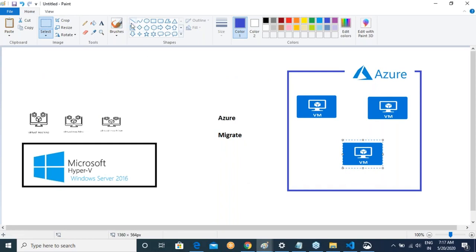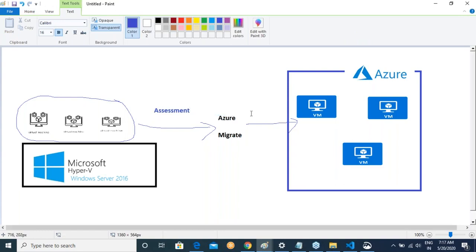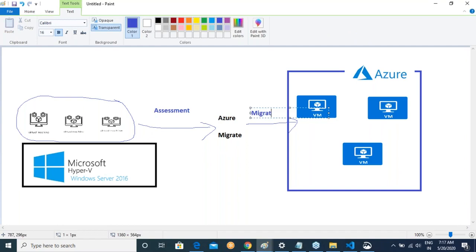These are the 3 virtual machines which you have. I'll use Azure Migrate, and while doing that, I'll be doing 2 steps. The first step is assessment, and the second step is migration.